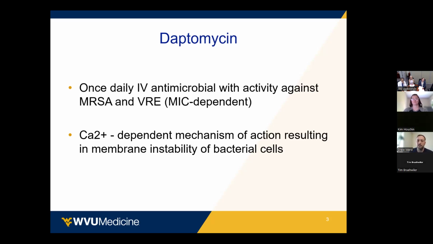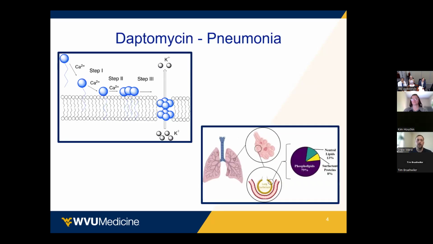The reason this is important in the case of pulmonary infections predominantly has to do with its use in cases of pneumonia. Pulmonary surfactant, which is found lining the alveolar spaces within the lungs, has the ability to inactivate daptomycin.